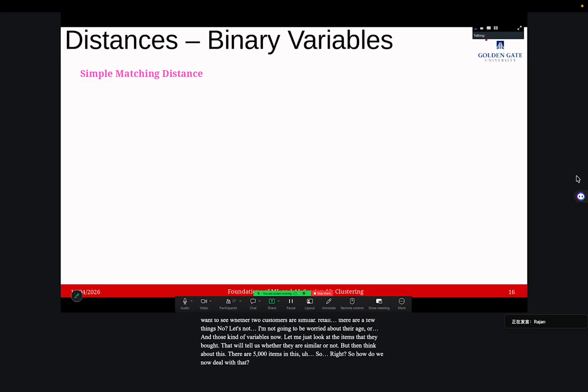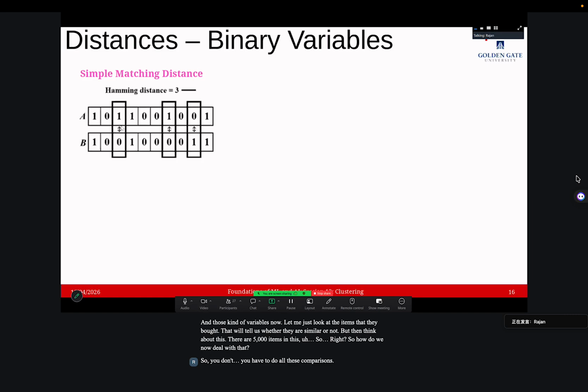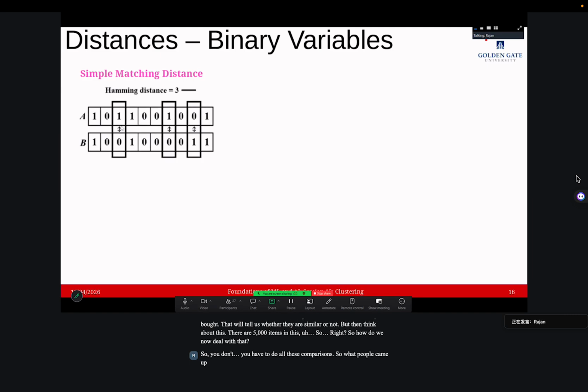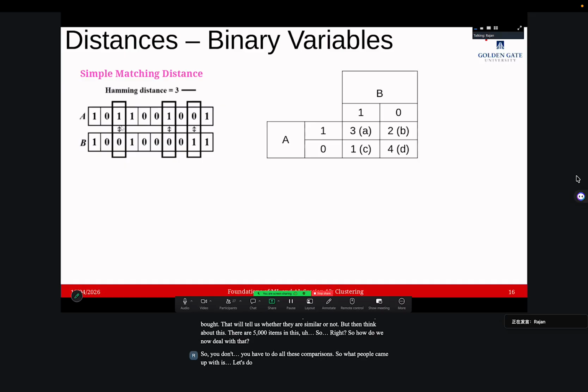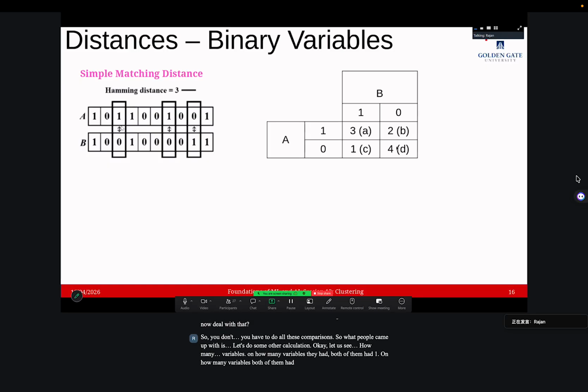You have to do all these comparisons. So what people came up with is, let's do some other calculation. Let us see on how many variables both of them had 1. On how many variables both of them had 0. On how many variables customer A had 1 and customer B had 0.